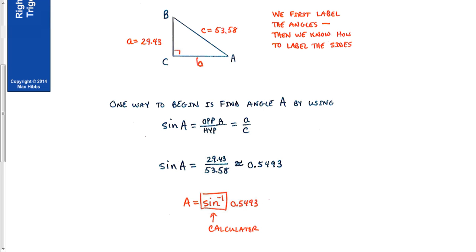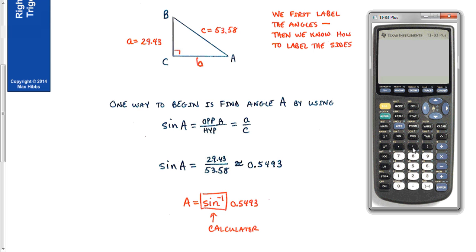And so in steps the calculator to finish this. I already know that I'm in degrees, so it's going to understand what we're doing. A is going to be the inverse sine of 0.5493. Actually, it would be better to take the inverse sine of this fraction, but I'll just show you that they're similar. Turn my calculator on and clear what we see there. If you look at your calculator, above the sine key in yellow is SIN with an inverse 1 on it.